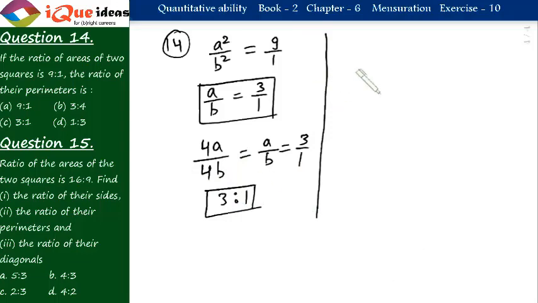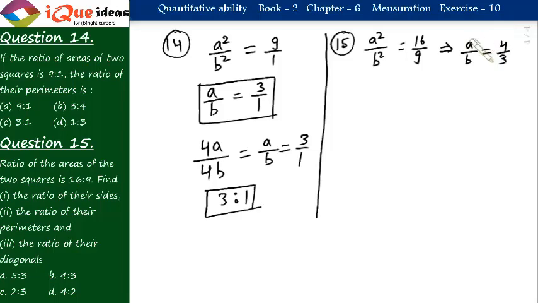Okay. Now let's take the next question, 15. It's on the same lines. It says ratio of the areas of the two squares is 16 is to 9. Alright. Now ratio of the areas of two squares 16 is to 9. So same process, A square upon B square is 16 upon 9. So from here we straight away get A upon B is 4 is to 3.